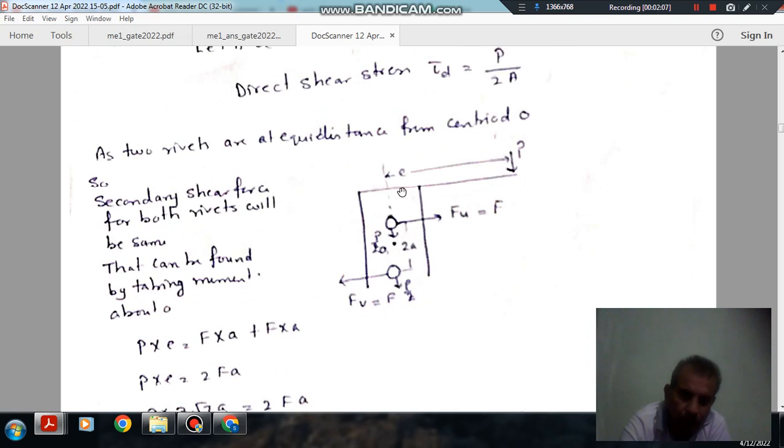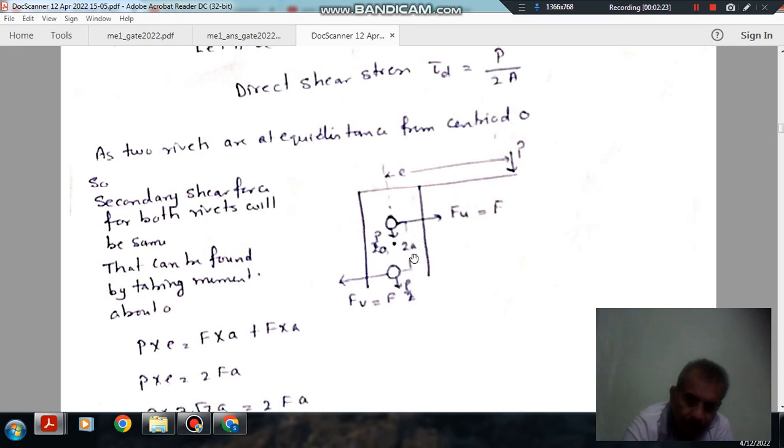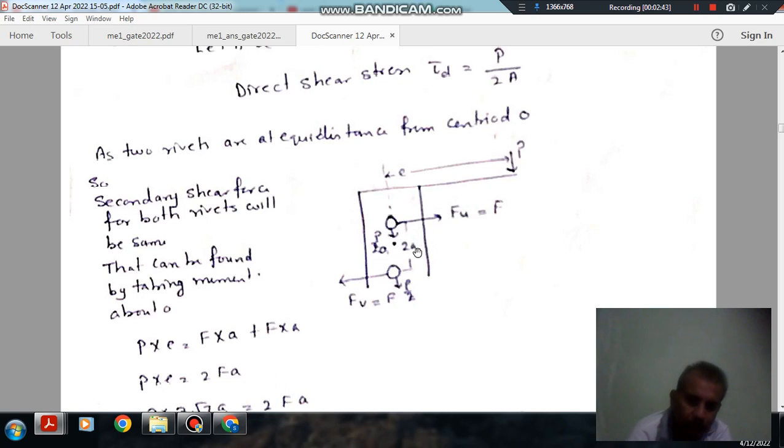So the moment about the center is P into E, and FU and FB are part of this P, so they will also cause the same moment. As the distance of these two rivets from the center point is the same, FU and FB will also be the same, because these are proportional to the distance from the center of the configuration.